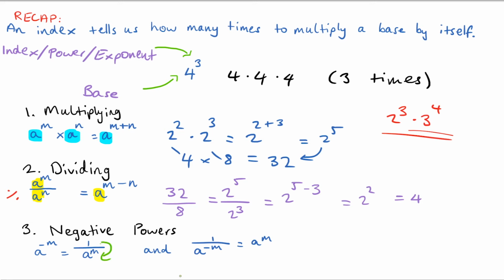And in the same way, if I have a base raised to a negative power in the denominator, then I can rewrite that as a positive index in the numerator. And remember, it doesn't mean flip the entire fraction over, it just means bring the objects with a negative power up to the numerator or down to the denominator, but rewrite them with a positive index.